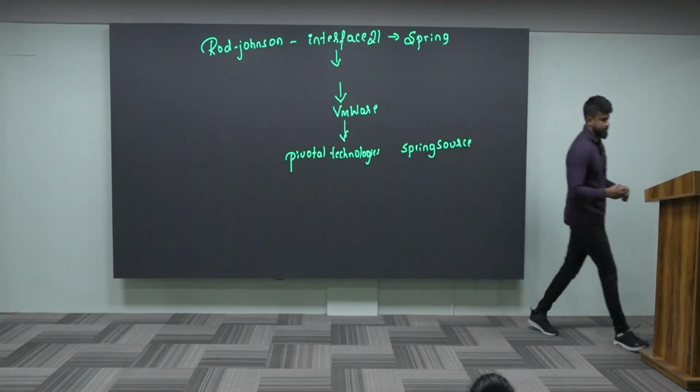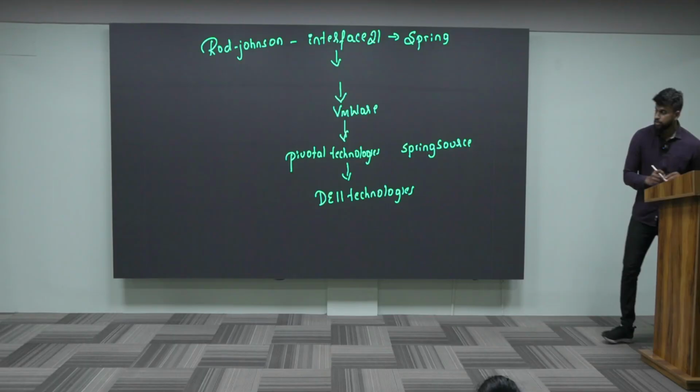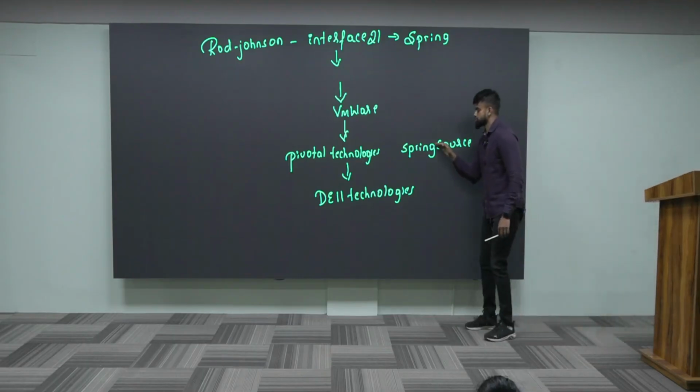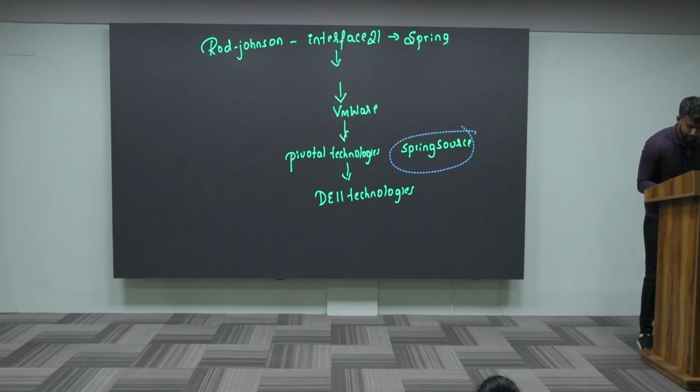But after some time, what happens is, your Dell Technologies. Which company? Your Dell Technologies took what, sir? Took this Spring Source to itself. Means Spring Source came from where to where?